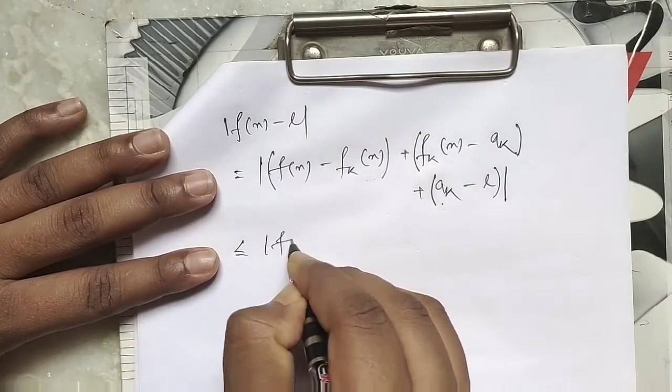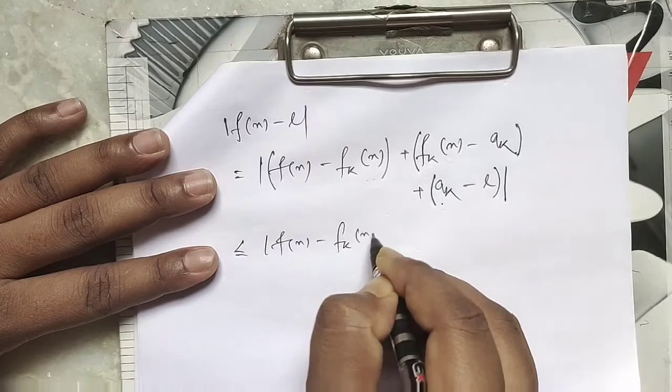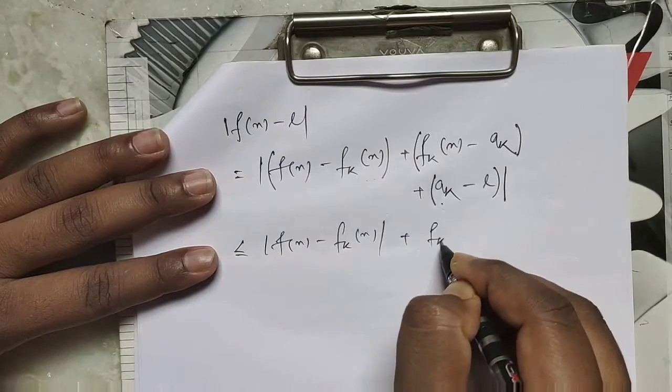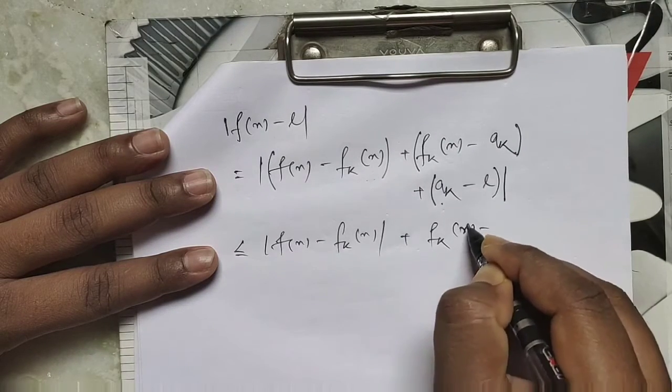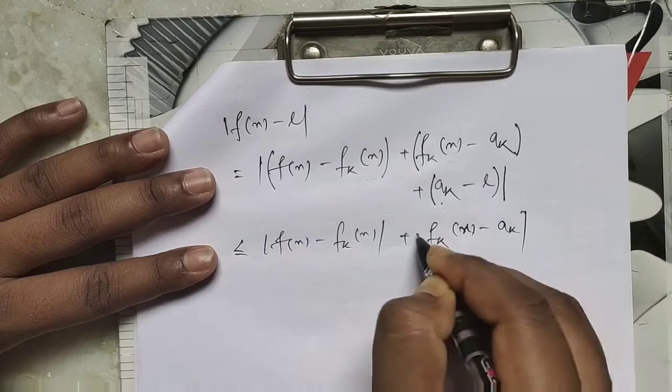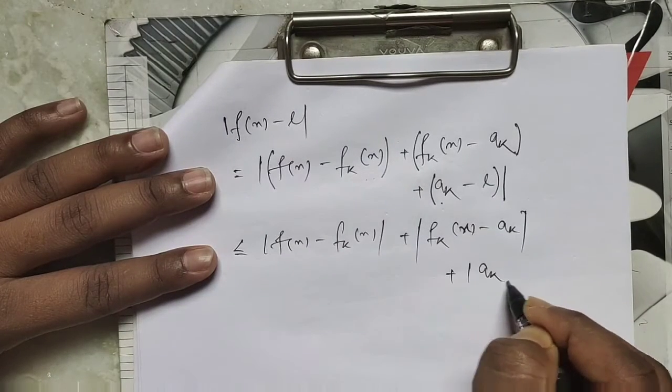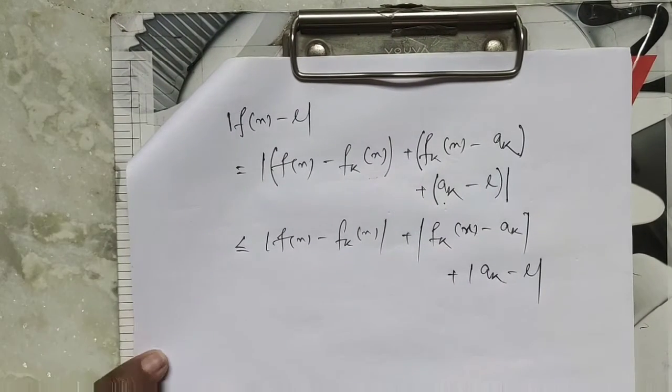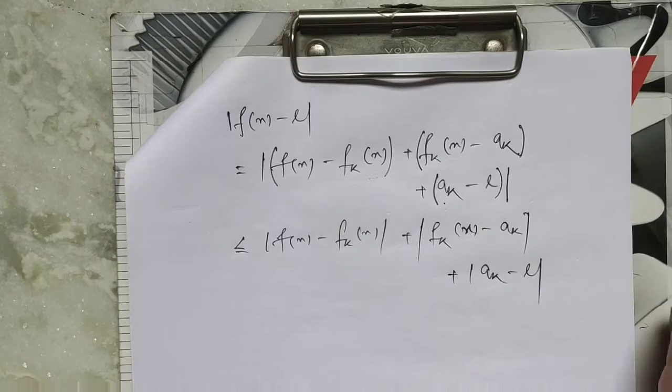By triangle inequality, this is mod of f(x) minus f_k(x) plus mod of f_k(x) minus a_k plus mod of a_k minus L. Okay, clear?